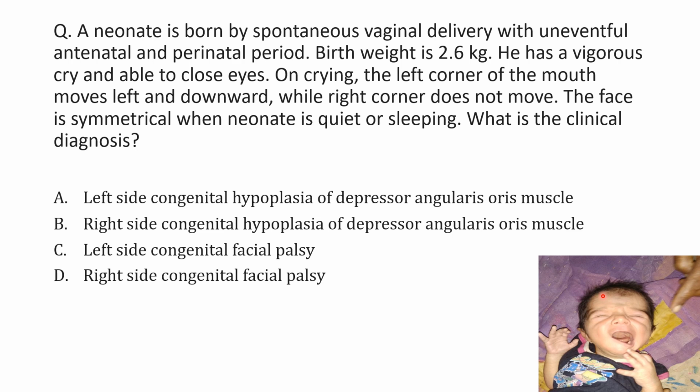So in this newborn, able to close the eyes, normal nasolabial folds are there, only the mouth is affected. That means facial palsy is ruled out. So the right option for this MCQ is right-sided congenital hypoplasia of depressor anguli oris muscle. So the answer is B.